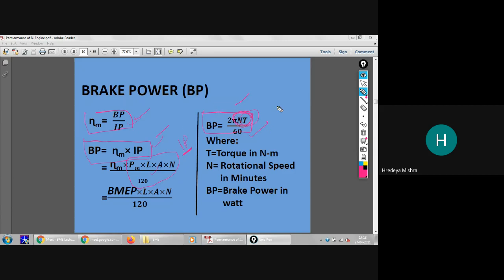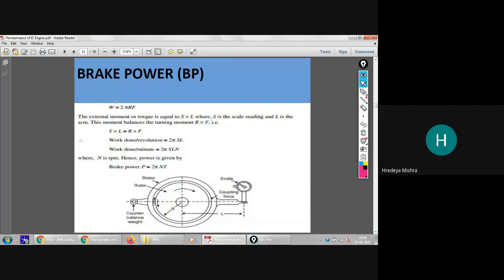Okay. Now see here, W equal to 2 pi R F. The external moment of the torque is equal to S into L, where S is the scale reading and L is the arm.